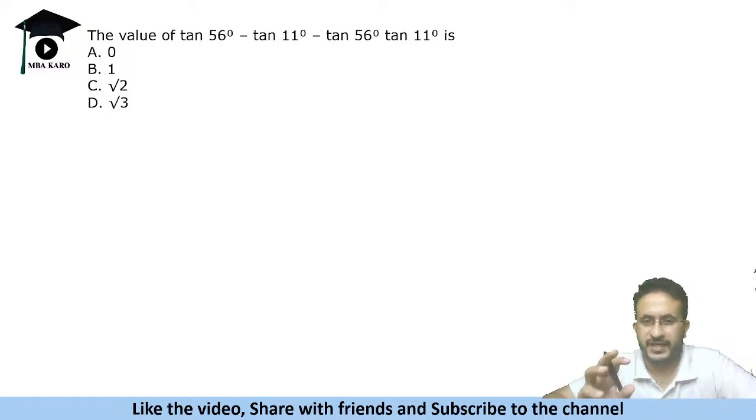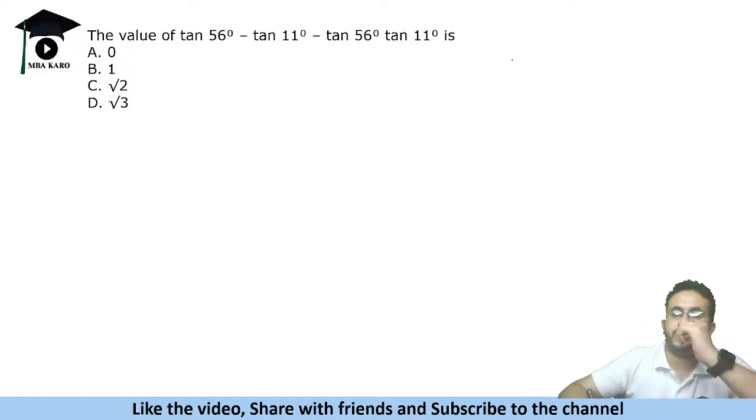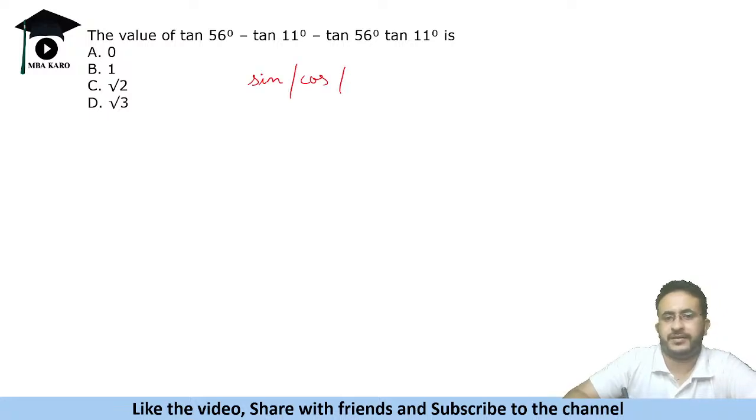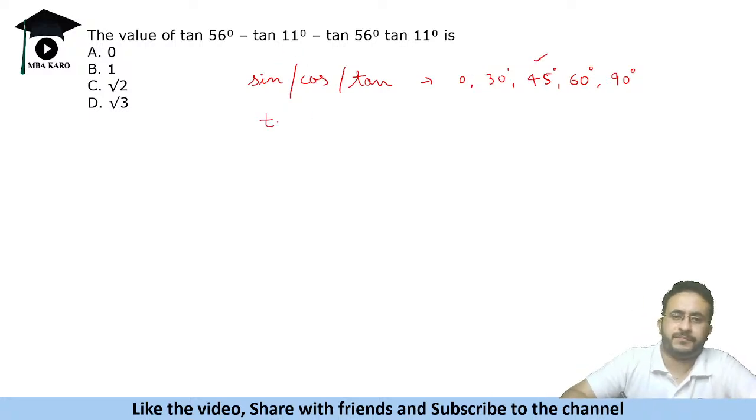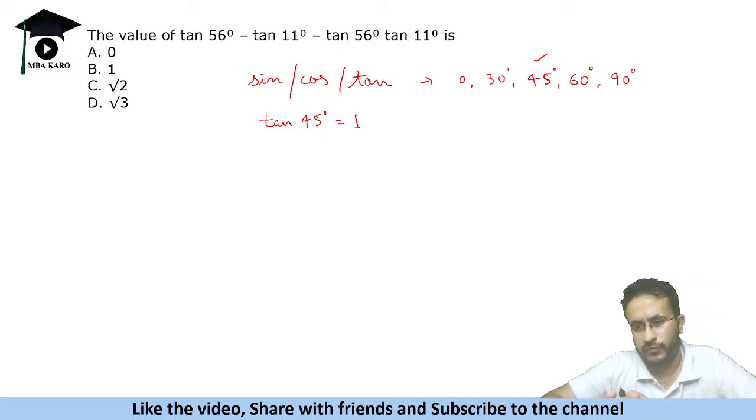We know the trigonometric values, whether it is sine, cos, tan, anything, for these values which are easily known: 0, 30, 45, 60, and 90. Please go through these values and read about the respective values. Now 45 degree पे हमें पता रहता है. So tan 45 कितना होता है? 1 होता है. Probably this is a good way to guess, because 56 and 11 we are getting 45, right?